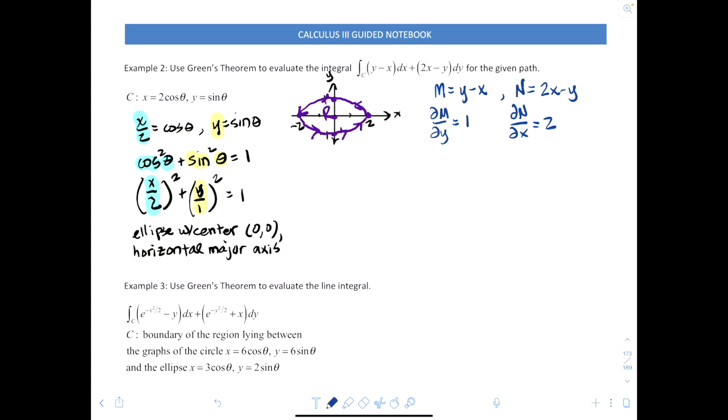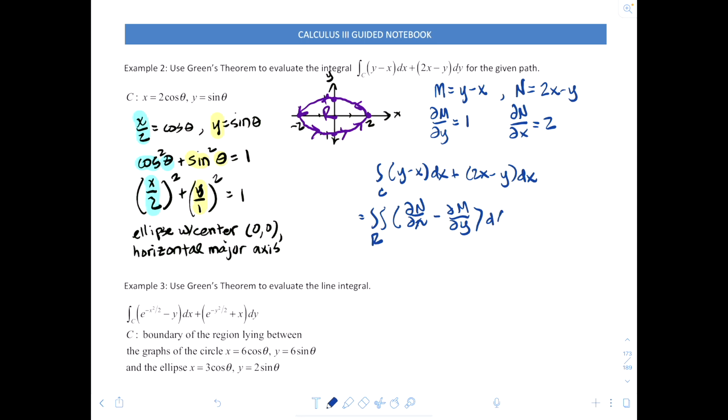Groovy? So this integral here, our integral along C of y minus x dx plus 2x minus y dy is going to equal the double integral over the region R of our first partial of N with respect to x minus first partial of M with respect to y dA.